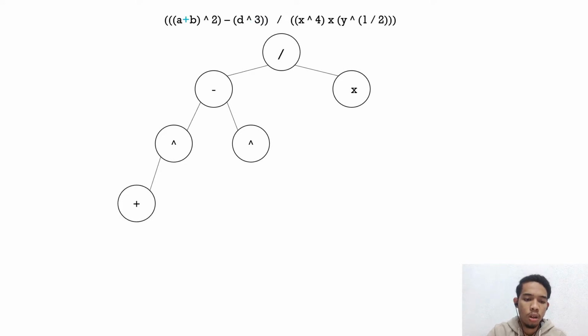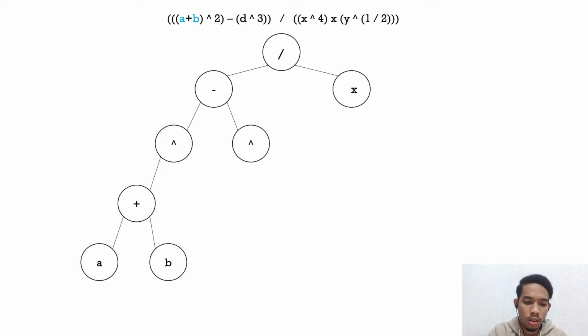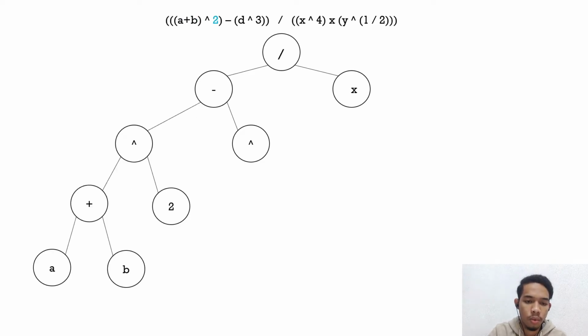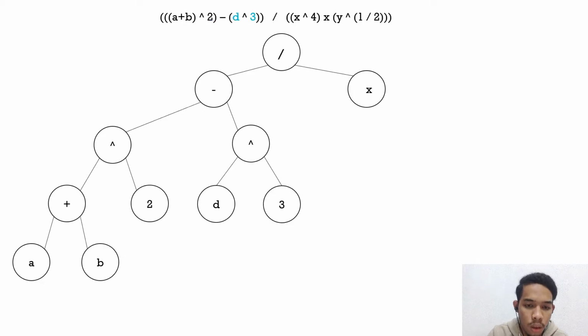Then we put the plus symbol as a left child for the symbol of power, and then A as a left child and B as a right child for the plus symbol. Then we put not 2 as a right child for the power symbol, and then D as a left child and not 3 as a right child for the symbol of power.